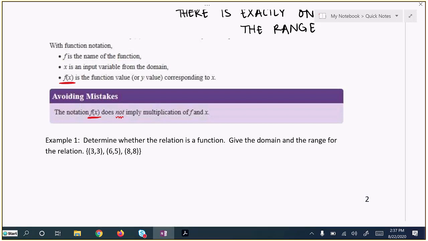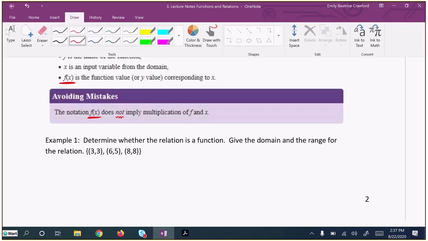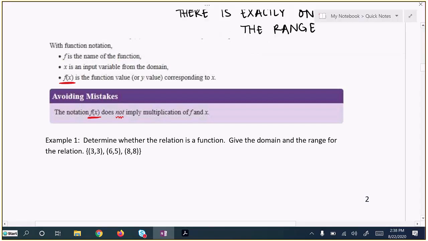Determine whether the relation is a function. Give the domain and range. So we know how to do that. So first of all, we have a collection of ordered pairs, so we have a relation. Let's start with the domain and the range. The domain is going to be the set 3, 6, 5.